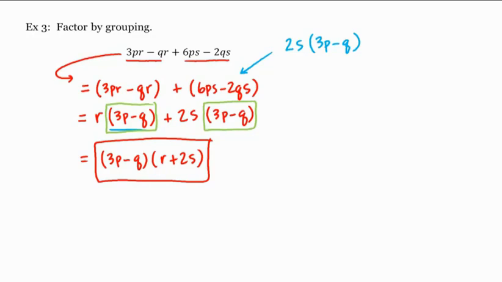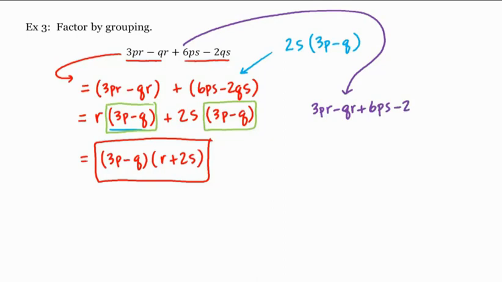But what if we started a little bit differently here? We still have this expression, 3pr minus qr plus 6ps minus 2qs. But instead of grouping the first two terms and the last two terms, what if we grouped the first term and the third term together, and then the second term and the fourth term?